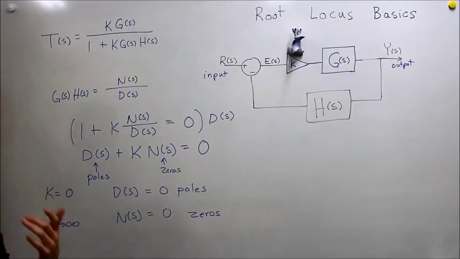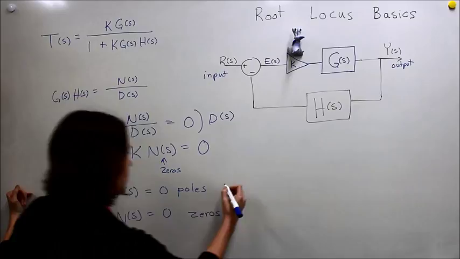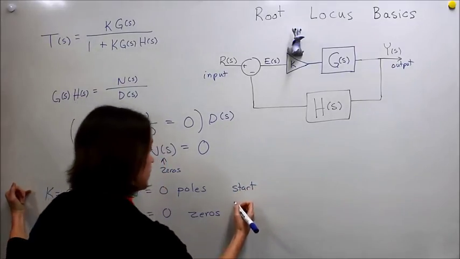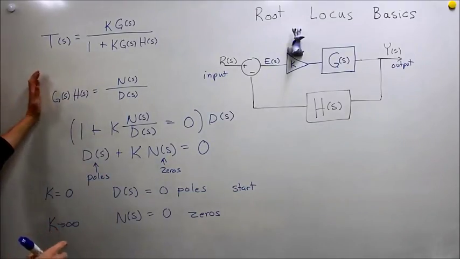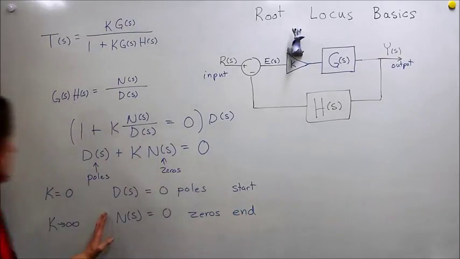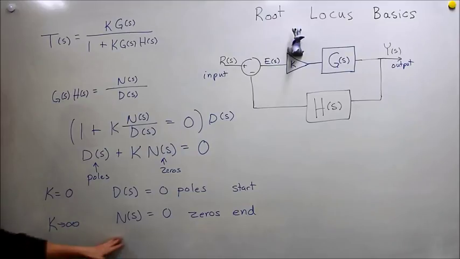So we're going to use those as our starting point. When k equals 0, we're going to start from the poles of our GH, and because we're going to take k from 0 all the way to infinity, we're going to end at the zeros of the system.